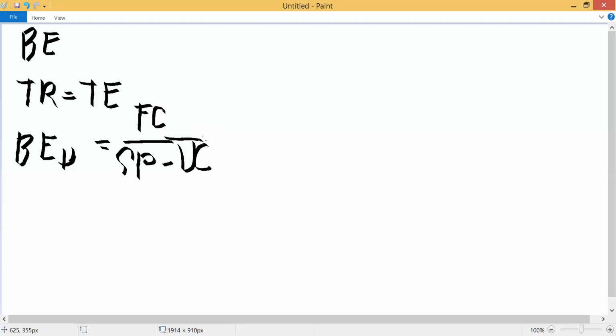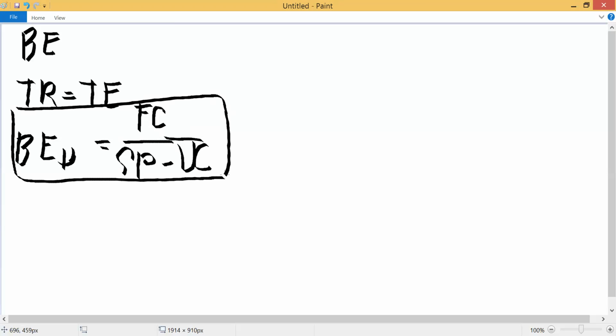Now the question: how did we get this formula? How did we derive this kind of formula?